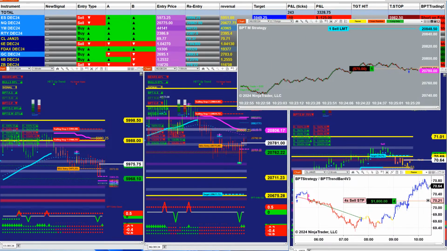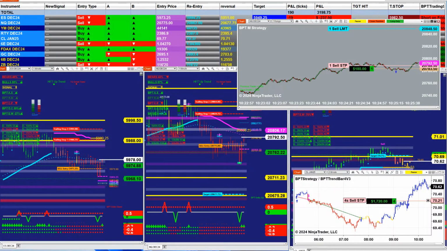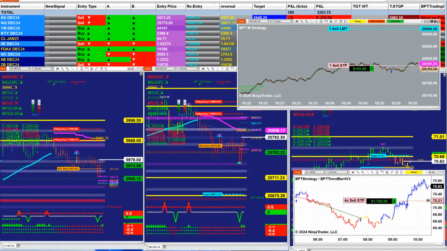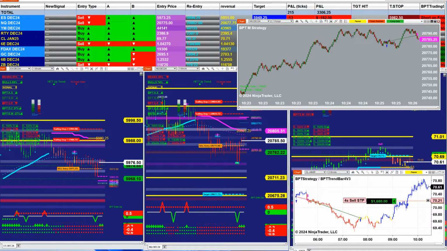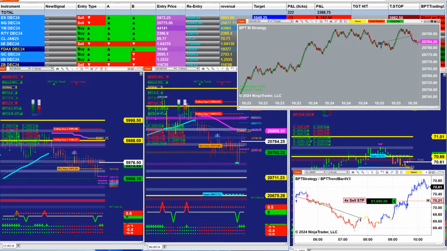I mean, manually, I would not take a long trade in here. I would take a short trade, but this is a reversal. Here it is. He's right. I'm wrong. Okay, the first trade made 100. Now it's gonna take a long trade from the support area.